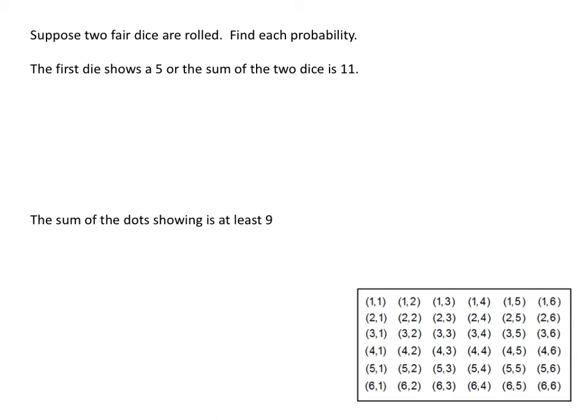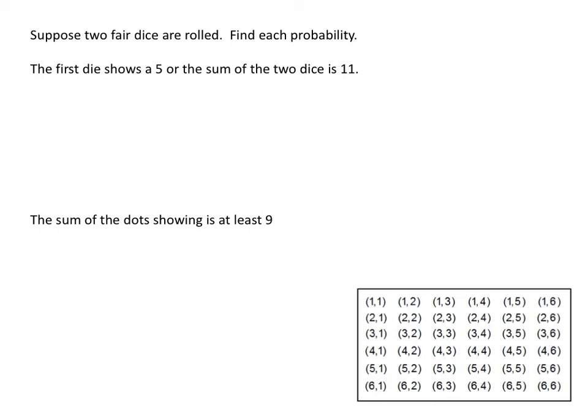Now we start rolling 2 dice, and the sample space changes. That's what I've got down here, and you should also have it in your notes, because we can have a 1 and a 1, a 1 and a 2, a 1 and a 3, and a 1 and a 2 might not be the same as a 2 and a 1. So just keep that in mind as we look through these. Find the probability that the first die shows a 5, or the sum of the 2 dice is 11.